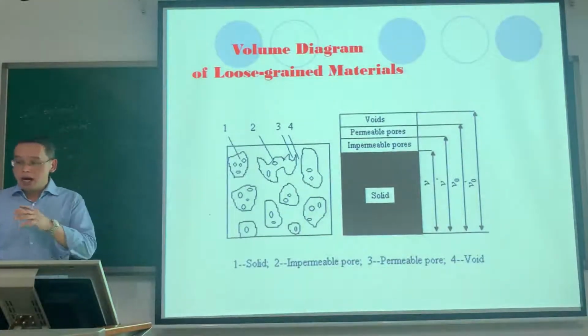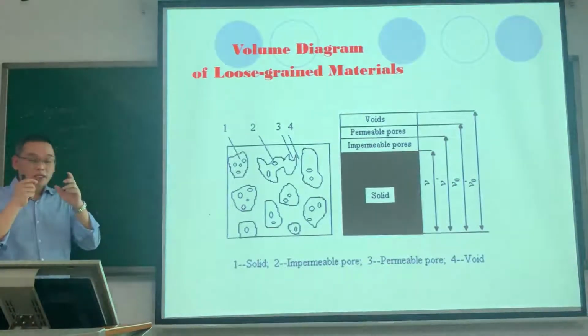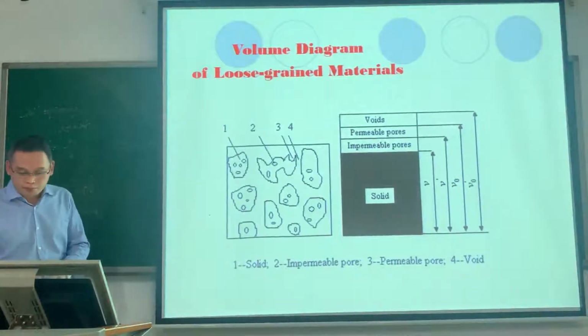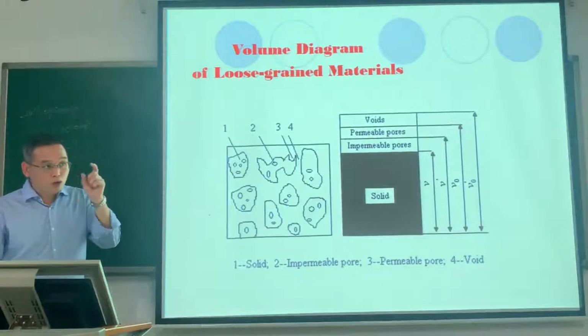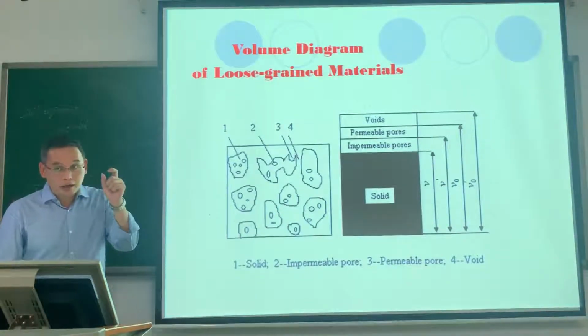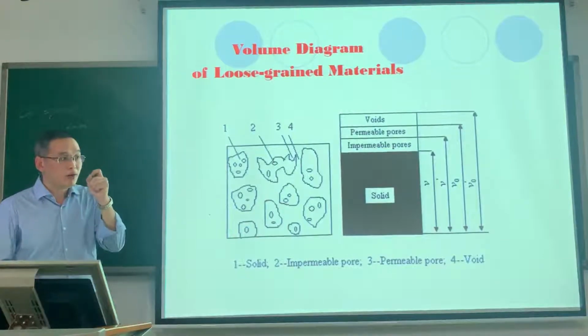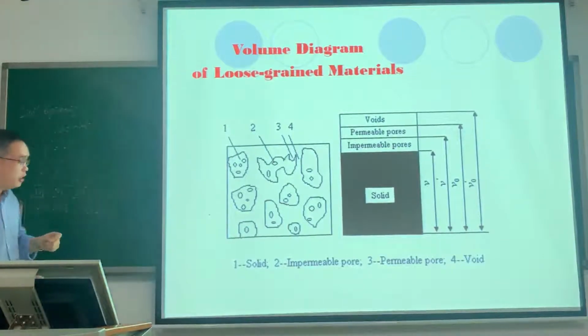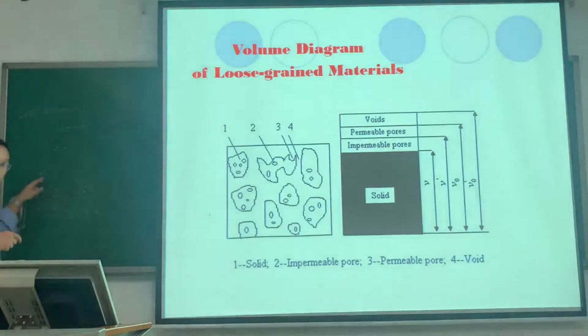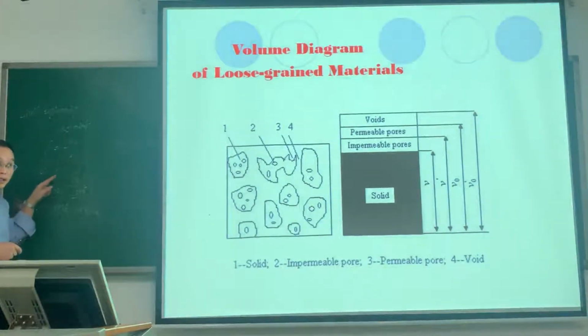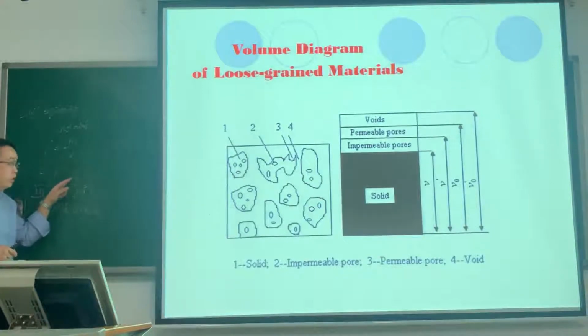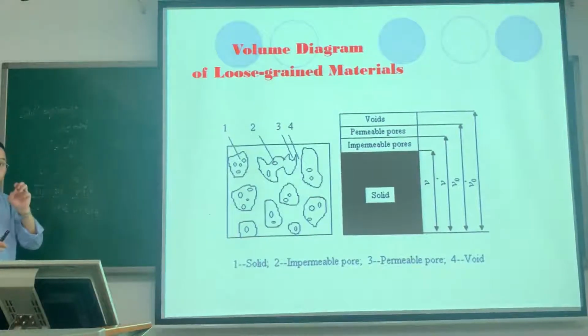Okay, maybe explain it like this. If I give you one rock, for this rock, we can calculate the density, apparent density, and bulk density of it. Yes, three kinds of density.